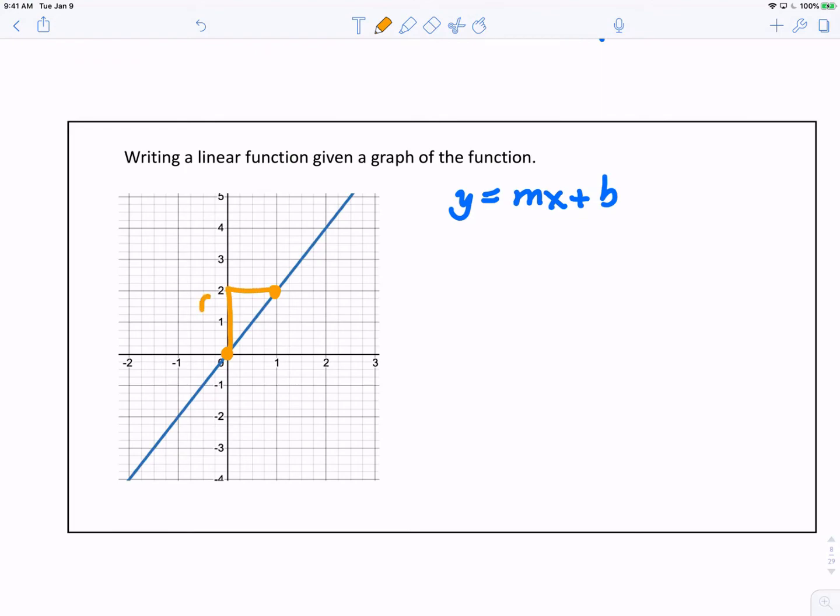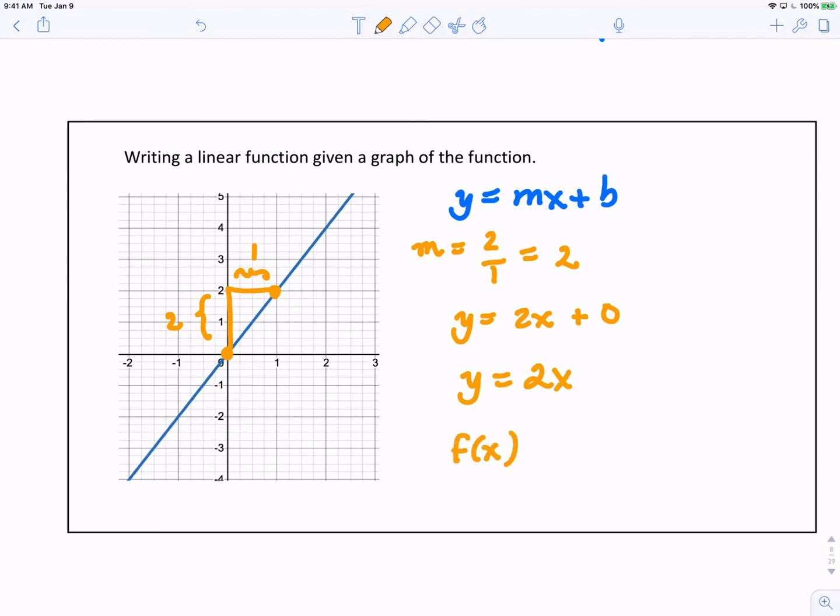The change in y is 2, the change in x is 1, and so the slope is 2/1, or in other words, 2. And so the equation of the line is y is equal to 2x plus 0, because the y-intercept was 0, or in other words, y is equal to 2x. In function notation, f of x is equal to 2x.